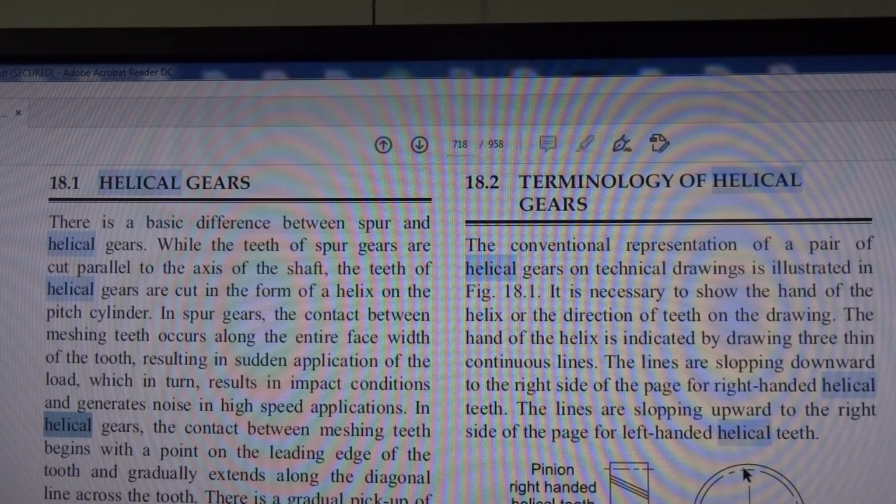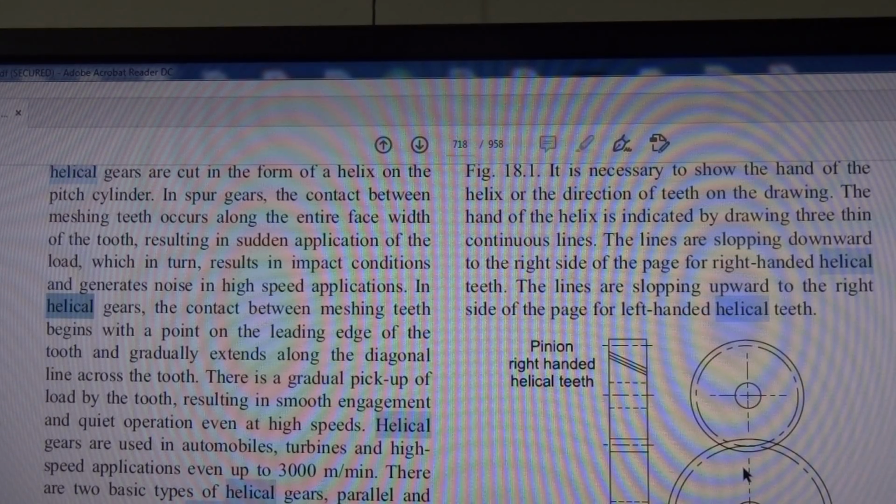There is a gradual pickup of the load by the tooth, resulting in smooth engagement and quiet operation even at high speed. Helical gears are used in automobiles, turbines and high speed applications up to 3000 meters per minute. There are two basic types of helical gear: parallel and cross helical gear.